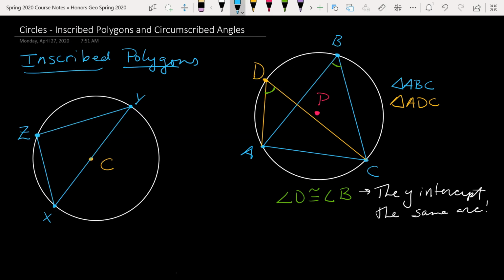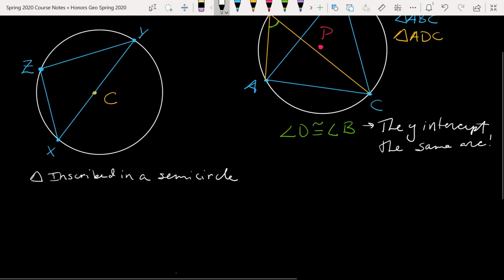Now we have triangle XYZ inscribed in circle C, but we can even be a little bit more specific than that. This triangle is actually inscribed in a semicircle, in exactly half of circle C. And the topic of our first theorem is whether or not we can find something special about this kind of triangle.